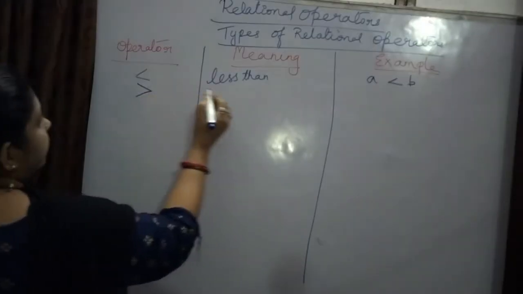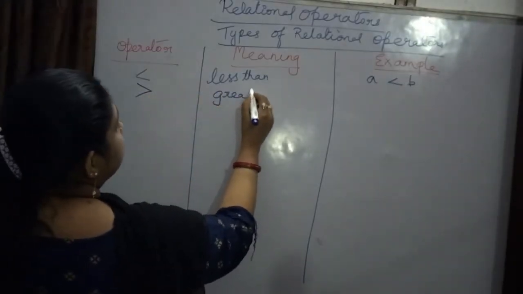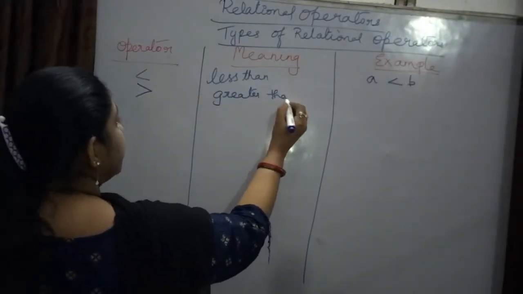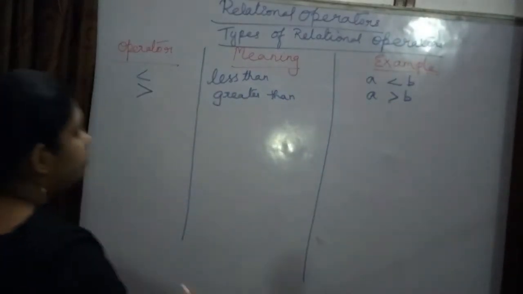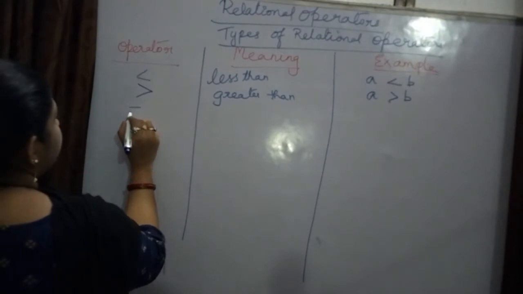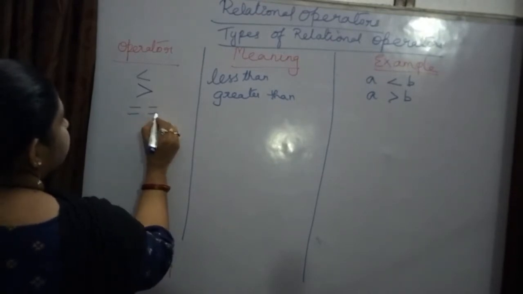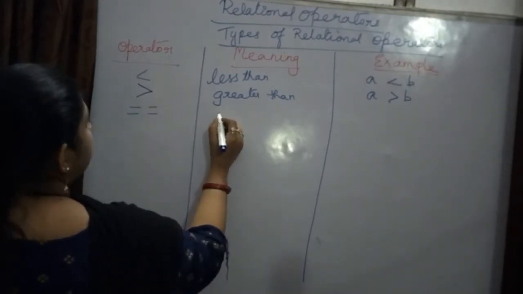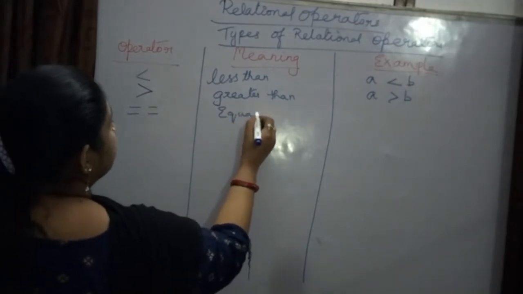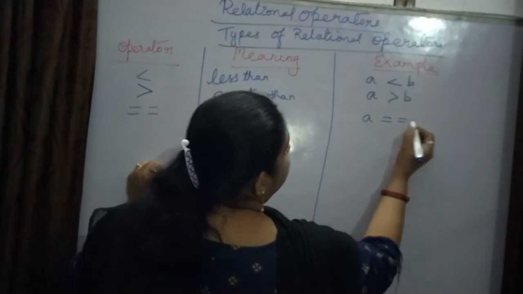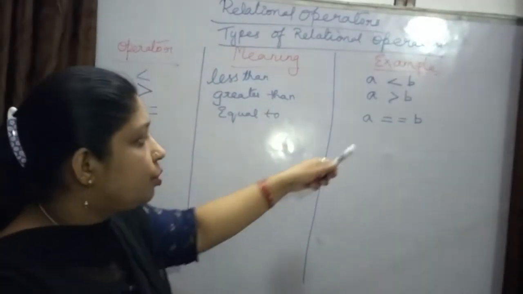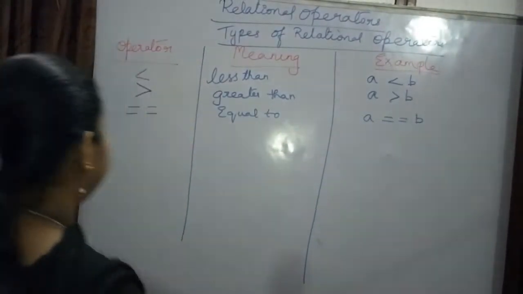Now the greater than sign, and the example is A > B. Now equal to. This is called the equal to sign, and this is how you will use it in the program.